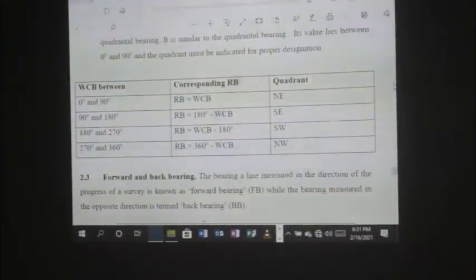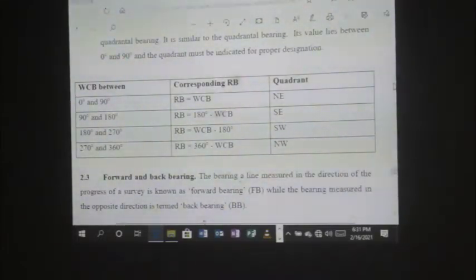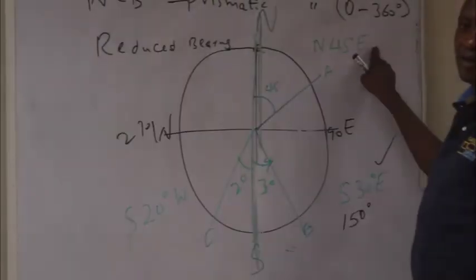So this is the term used when you convert a particular quadrantal bearing or whole circle bearing into another reading. You can look at that table. So you may be asked in an exam to find the equivalent of this one. What is the reduced bearing of this one?